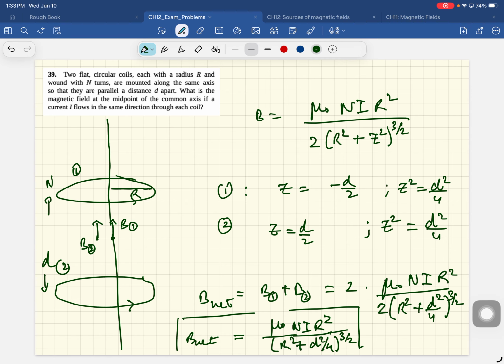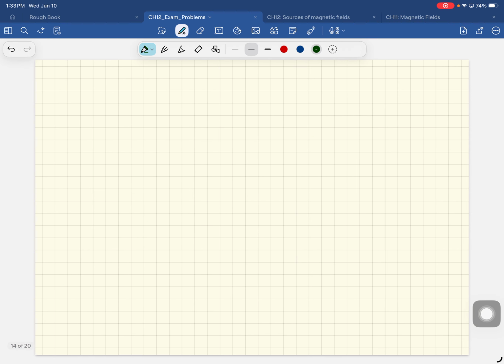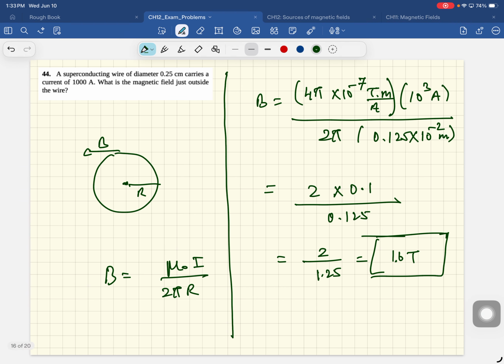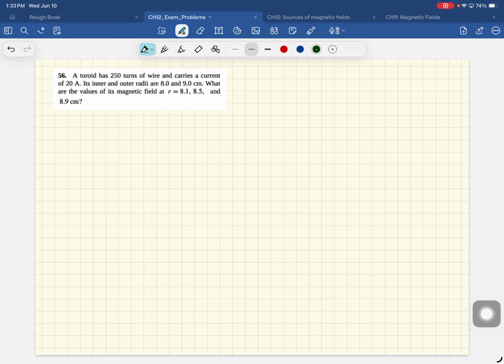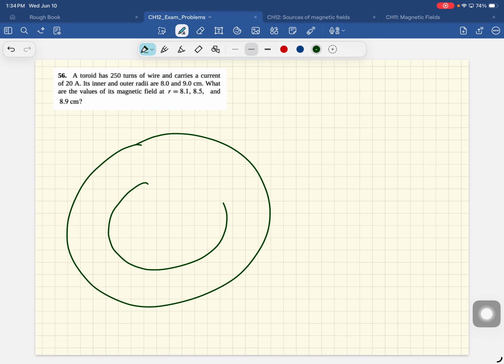You want to find it at this point, you put r equal to 8.5 centimeters and 8.9 centimeters. So let's do 1. So you see, as you increase n, you can make the field stronger and stronger.